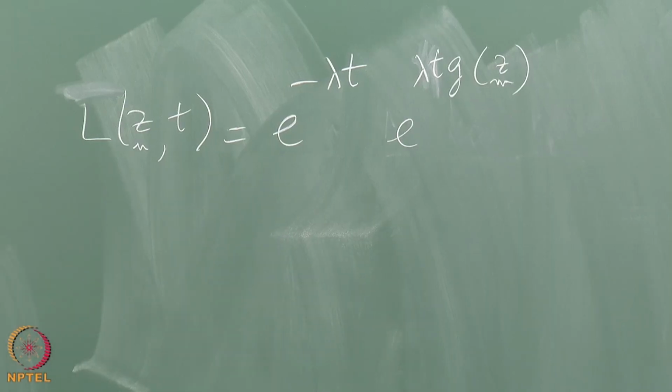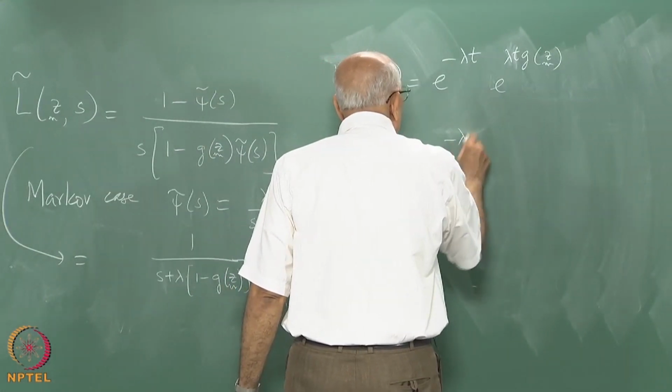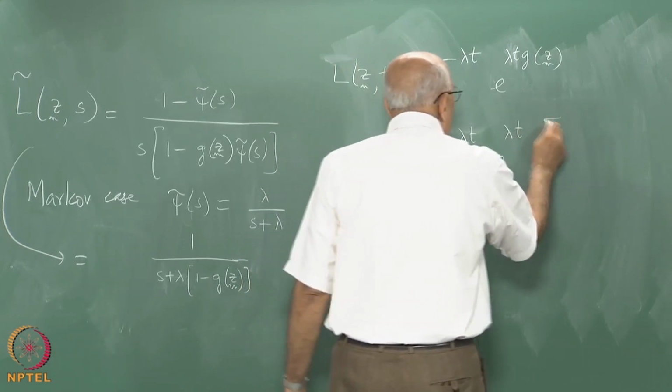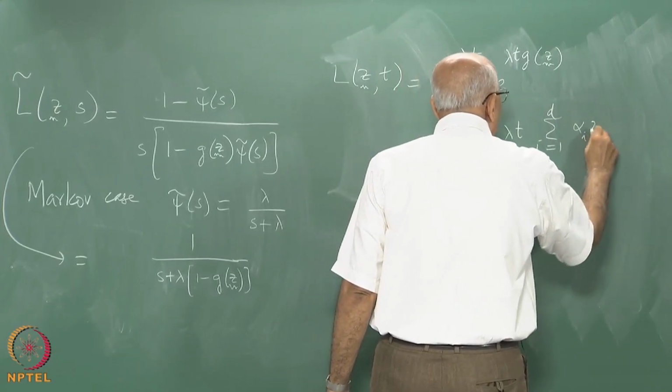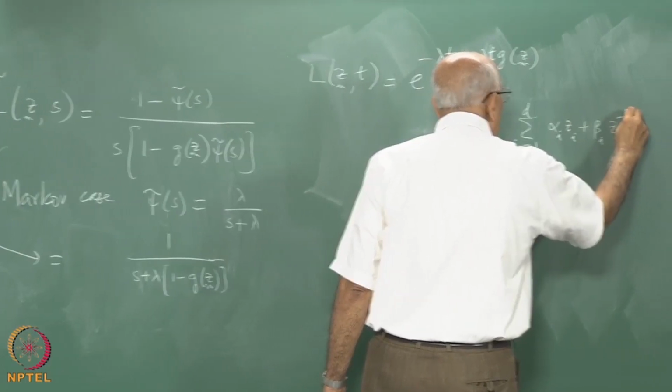And that is it. Of course, if you look at the case we are looking at, this is e to the minus lambda t on this hypercubic lattice, e to the lambda t summation i equal to 1 to d alpha i zi plus beta i zi inverse.